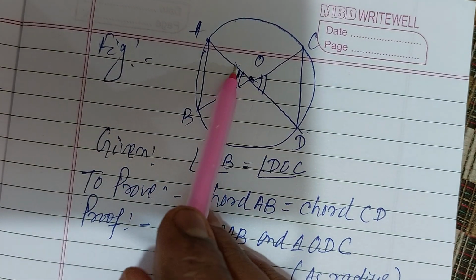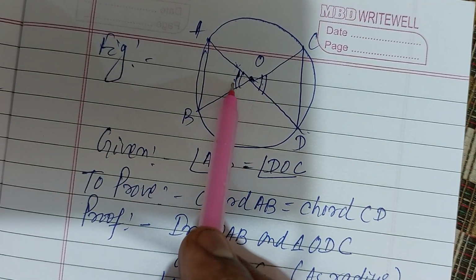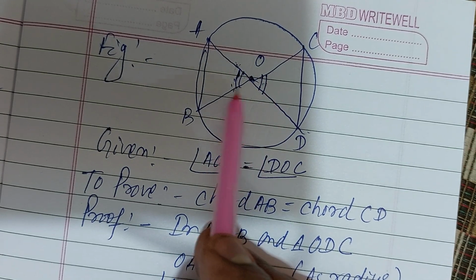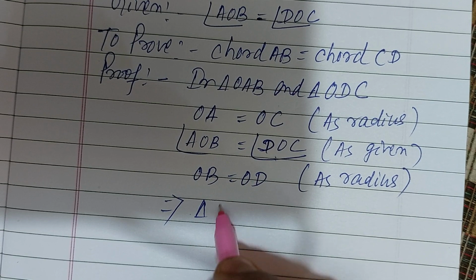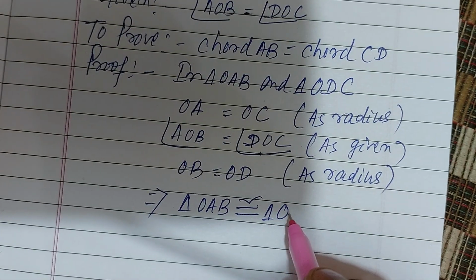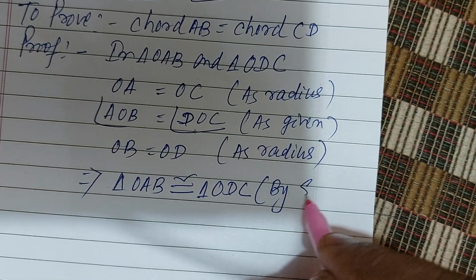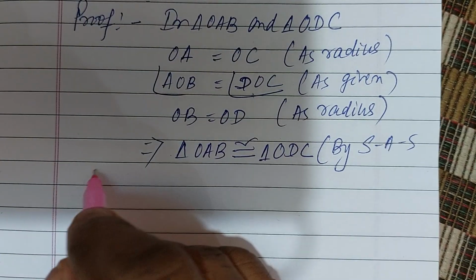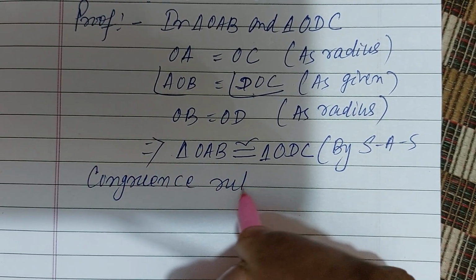congruency, OA is equal to OC, side, both the angles are equal according to the given condition, and OB is equal to OD, also radius. So that implies triangle OAB is congruent to triangle ODC by side angle side congruence rule.